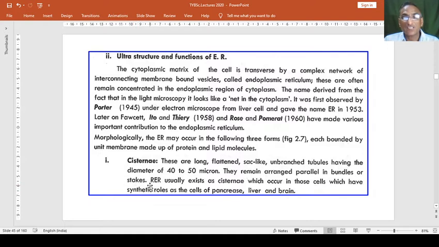And if ribosomes are attached to the cisternae, these are called rough endoplasmic reticulum, RER. They usually exist as cisternae in cells which have synthetic roles, such as the cells of pancreas, liver and brain. So these cells have stranded cisternae which are stacked one over another.